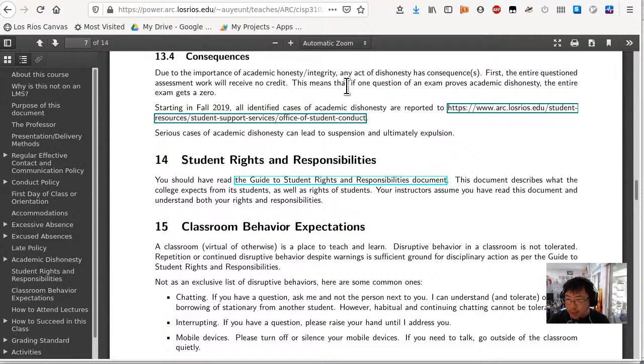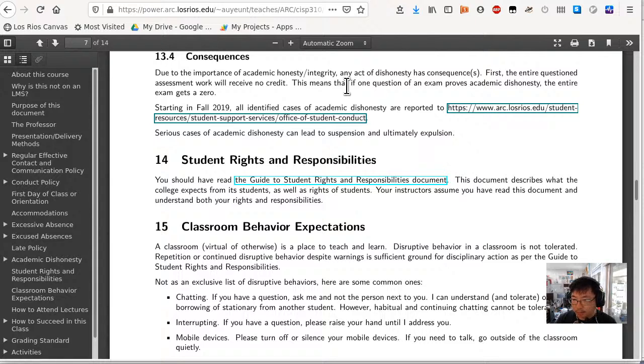In other words, there's no differentiation whether this is the first case or the second case. Every single case is going to be reported to the student conduct person who is actually an associate vice president of the college. I just want to make sure that this is known to everybody before the first exam.